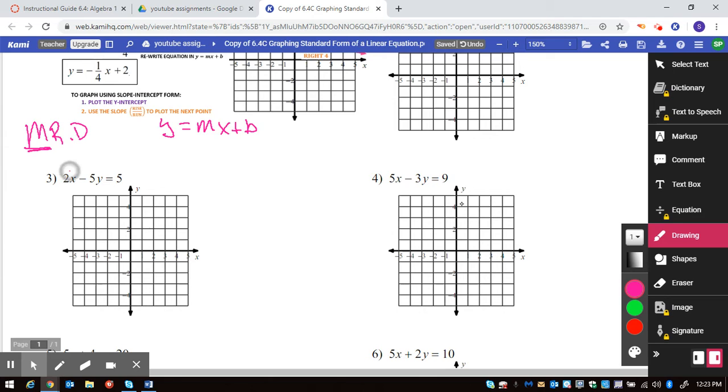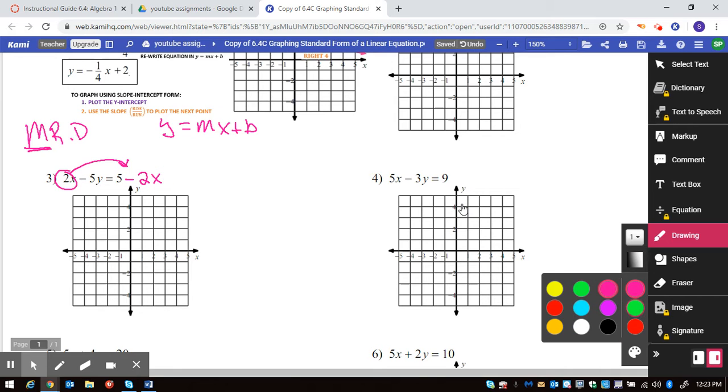The M stands for move the x to the opposite side. And when I do, that becomes minus 2x. The R stands for rewrite. So, guys, biggest mistake I always see is people write 5y. It's negative there.